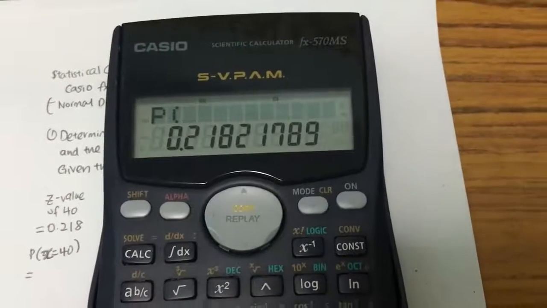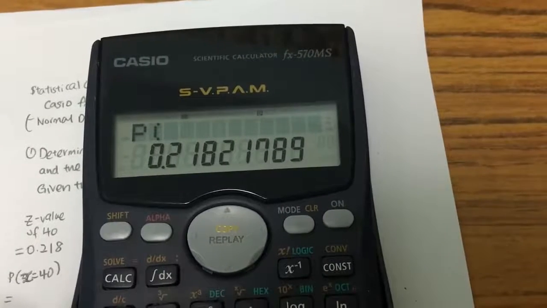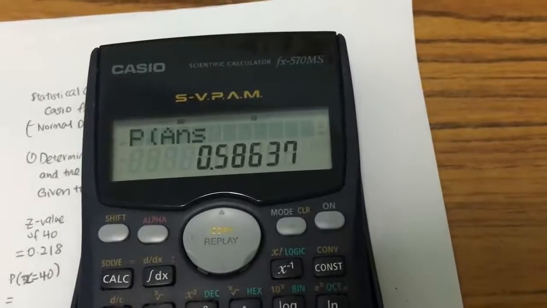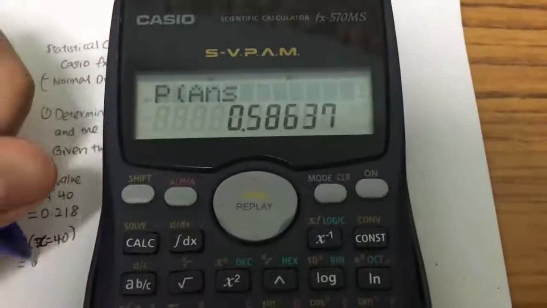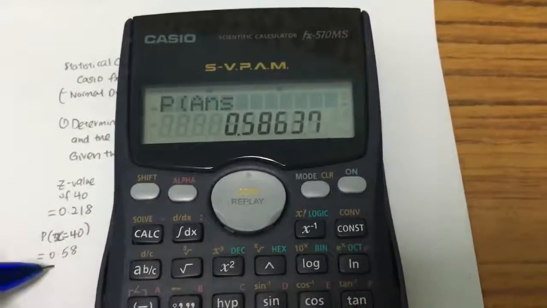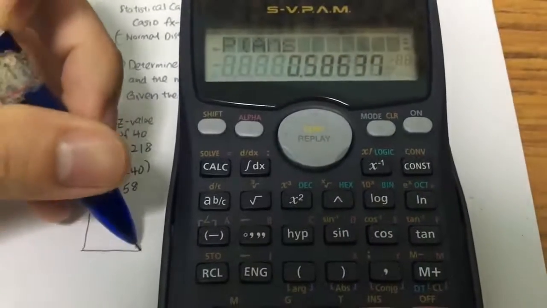Just press number one, and when we calculate this answer, it becomes the probability that x equals 40 starting from the left tail.